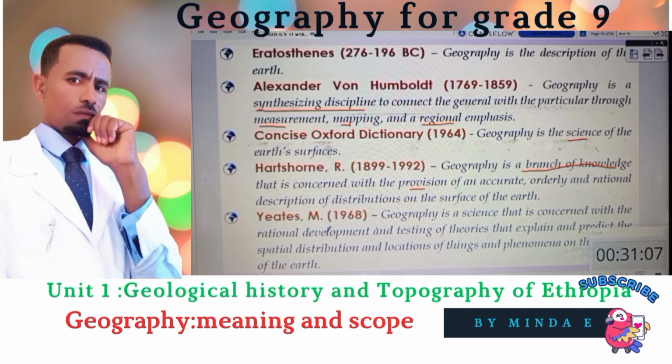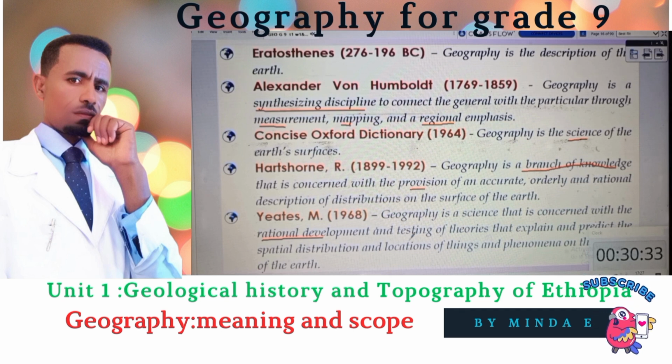The authors define geography as a science that is concerned with the rational development and testing of theories.